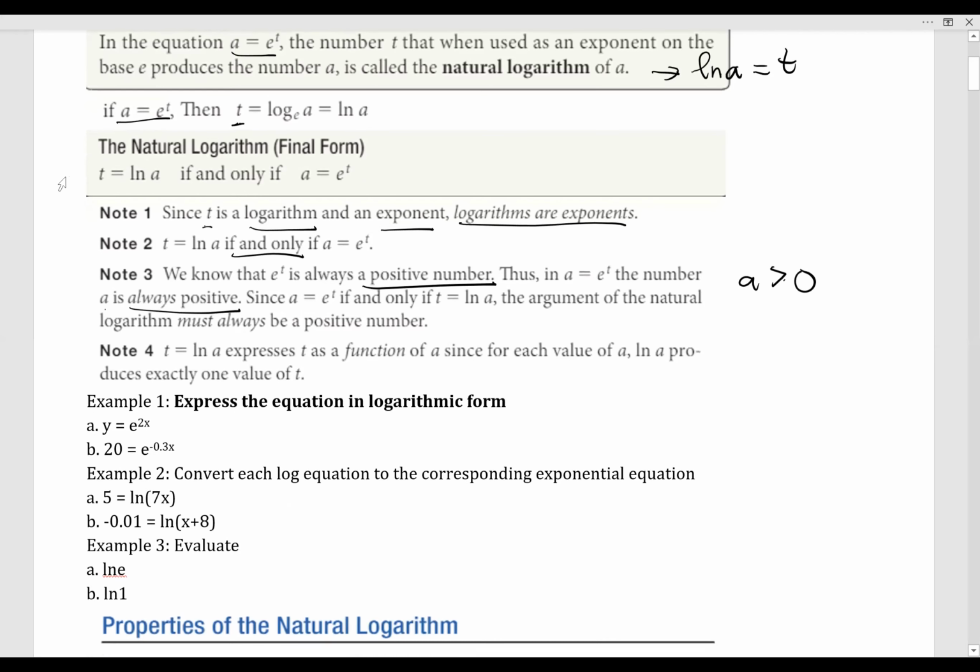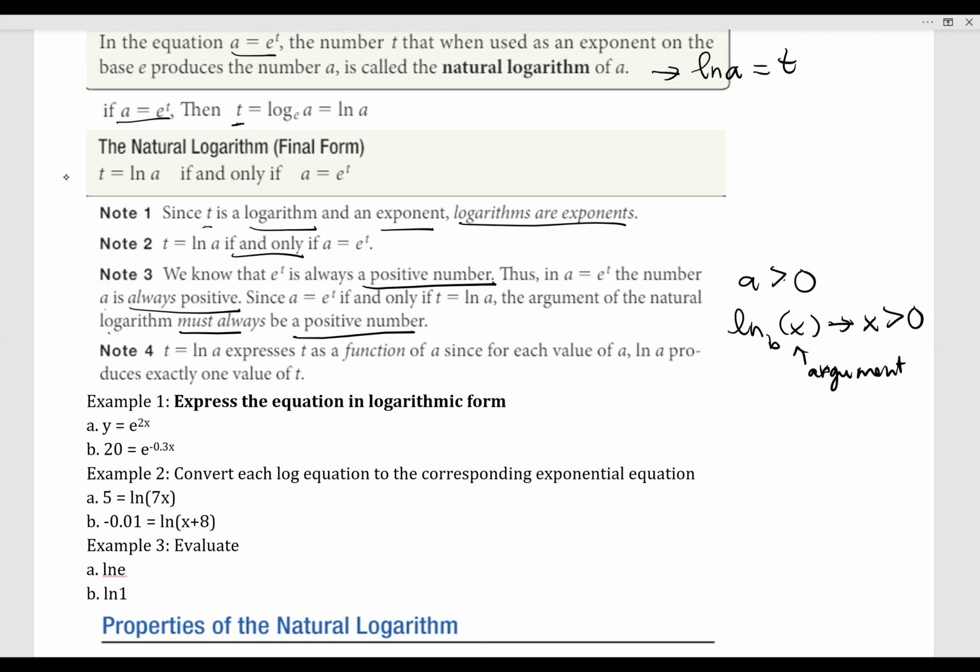And the argument of the natural log must always be positive, because a is always greater than 0. So if I have ln of x, then x in here has to be greater than 0. All arguments always have to be greater than 0.